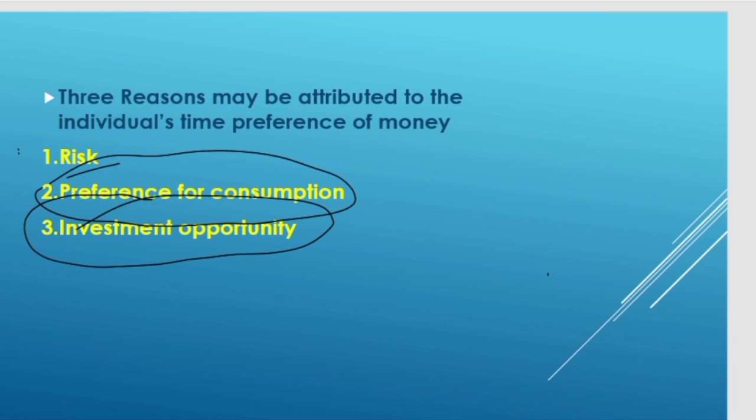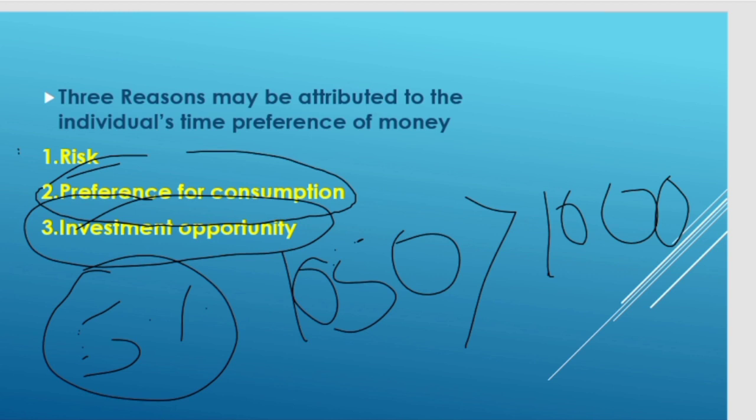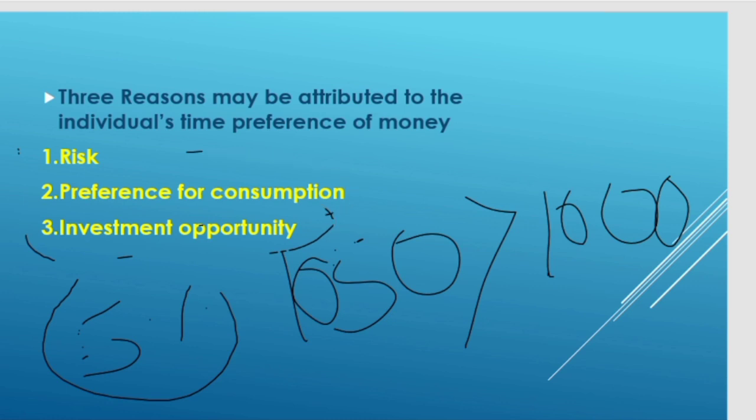If your bank gives you 5% rate of return on a savings account, you choose 1000 now and invest it, and it gives you 1050 rupees after 1 year, which is much higher than the 1000 I would give after 1 year. That's why you choose 1000 now. Three reasons may be attributed to individuals' time preference of money: first is risk, second is preference of consumption, and third is investment opportunity.